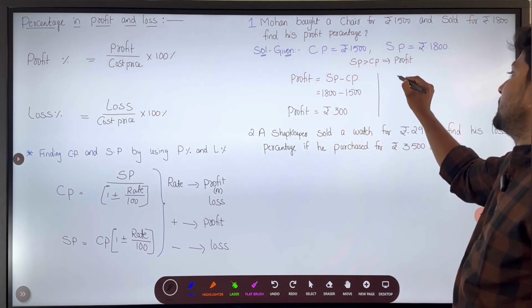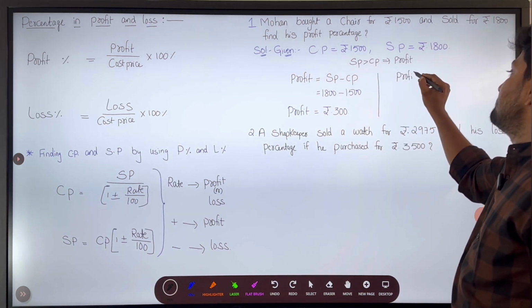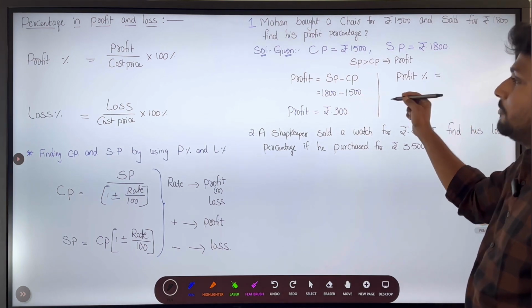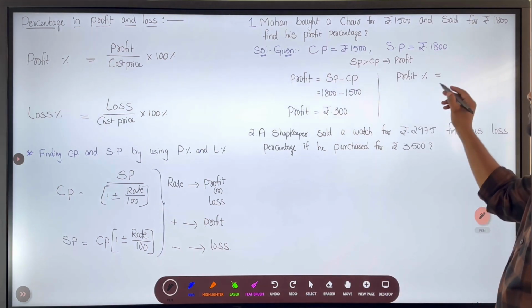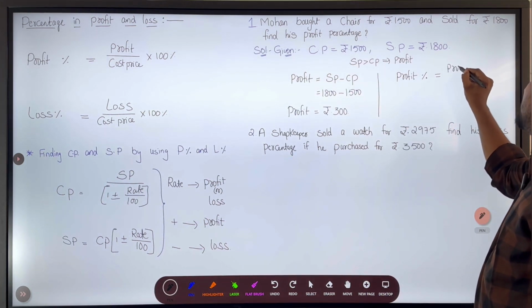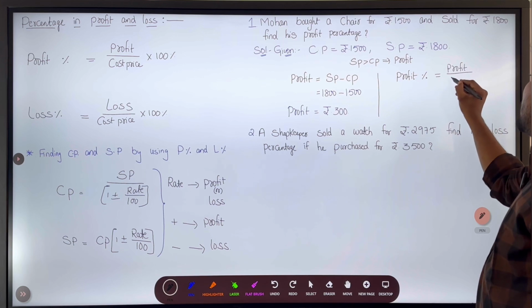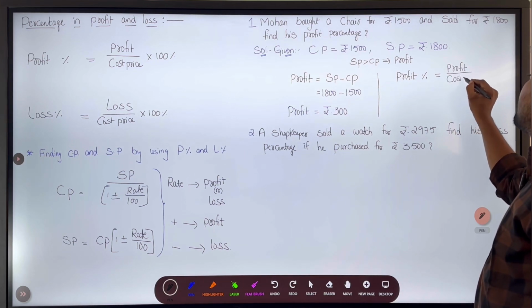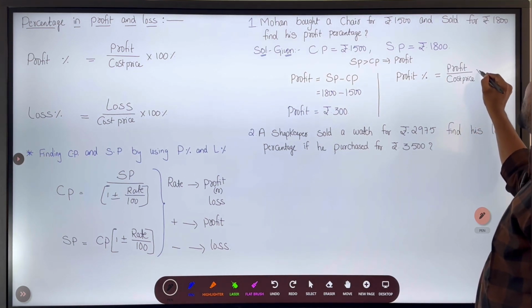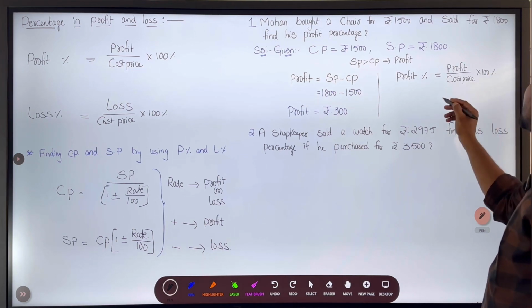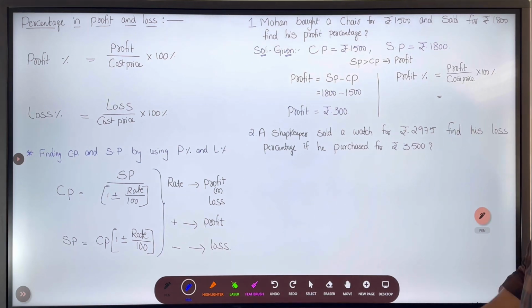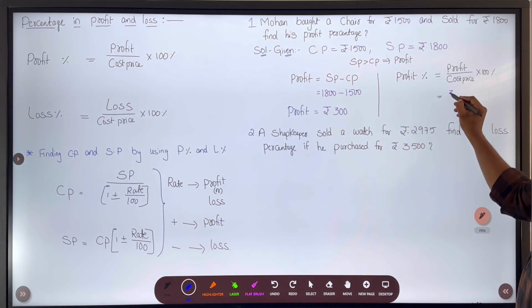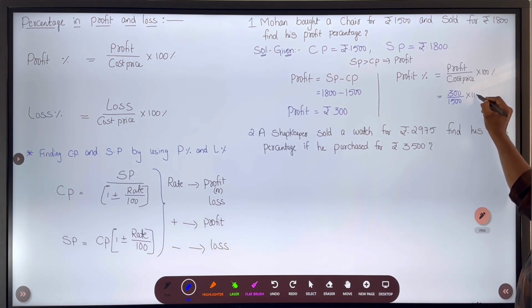In the same way, we need to find profit percentage. What is the formula of profit percentage? Profit by cost price into 100%. So what is the profit here? 300. 300 by cost price 1500 into 100%.